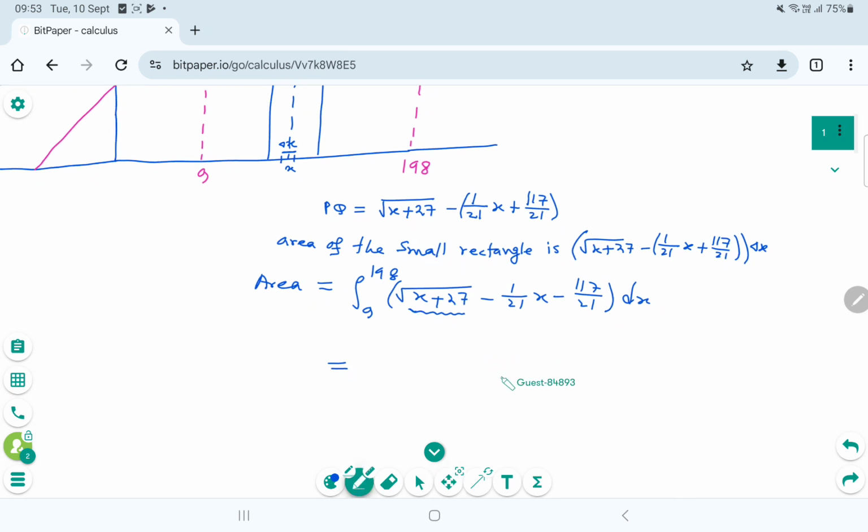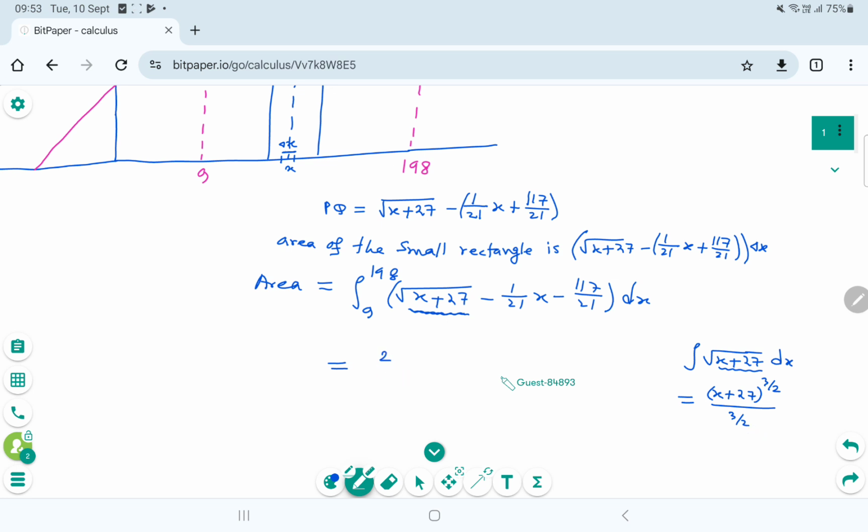First of all, we can integrate this, right? Integration of square root of x plus 27 dx. This is a linear function inside, so it's just a normal integration of square root, right? So x plus 27 to the power 3 over 2, over 3 over 2.